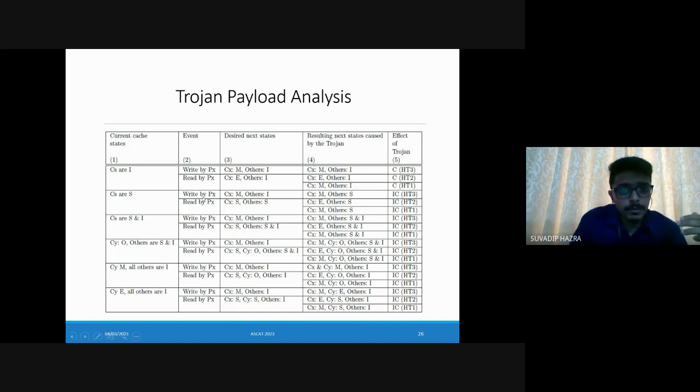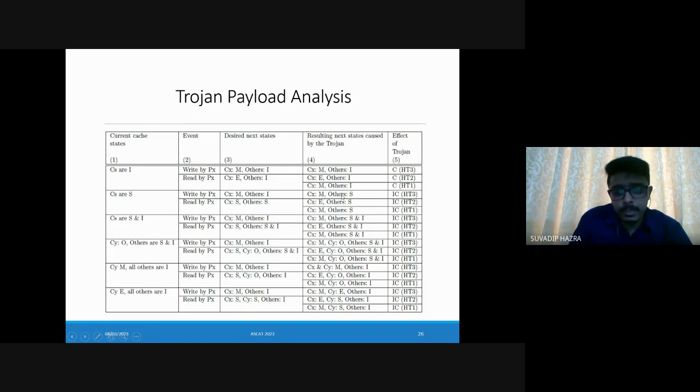Suppose the infected processor is performing a write operation. My desired output is that the infected processor must have the block in modified state, and for the rest of the processors, they must obtain the block in invalid state. In the presence of Trojan models 2 and 3, the infected processor will get the block in modified state, and it will not send the invalidation request.